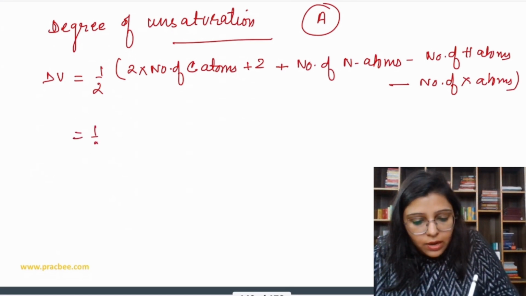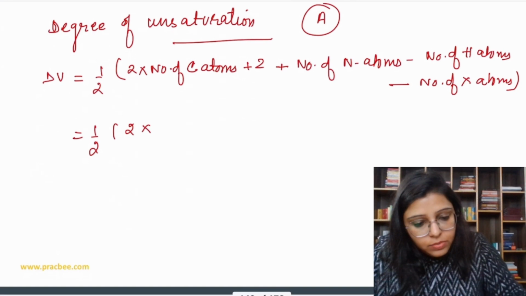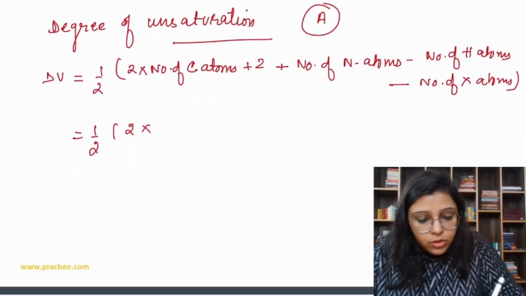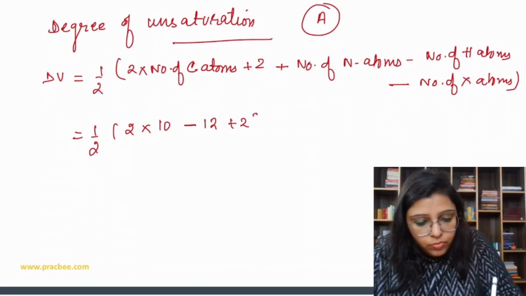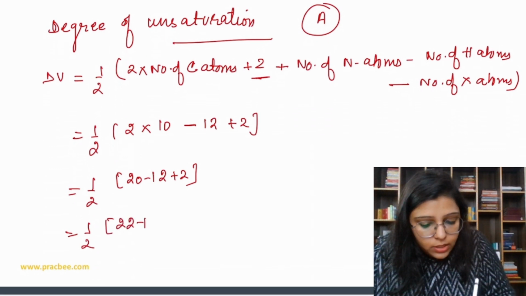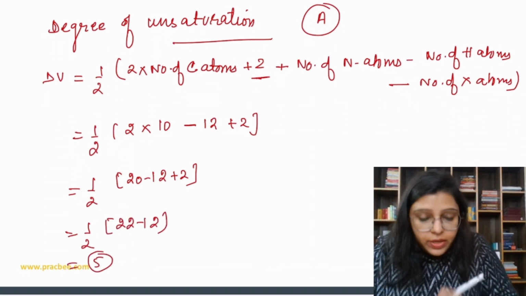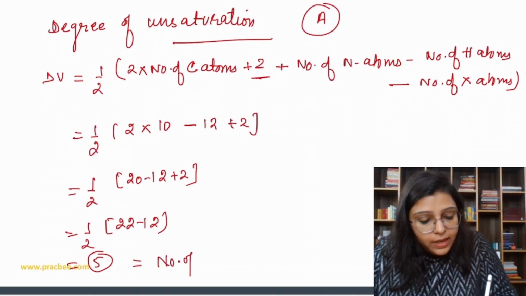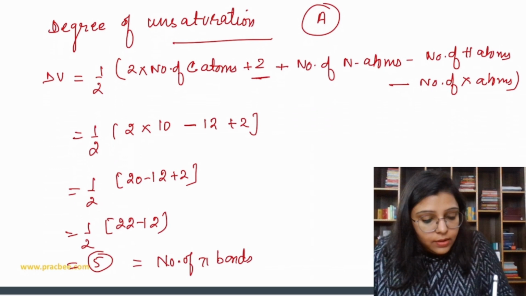So that is going to be half into 2 into number of carbon atoms. We have how many carbon atoms? 10, and hydrogen 12. So 2 into 10 minus 12, plus 2, we have to write plus 2. So half of 20 plus 2 minus 12, which is equal to half of 22 minus 12. So we have 5, right? And degree of unsaturation we can also find by number of pi bonds plus ring.